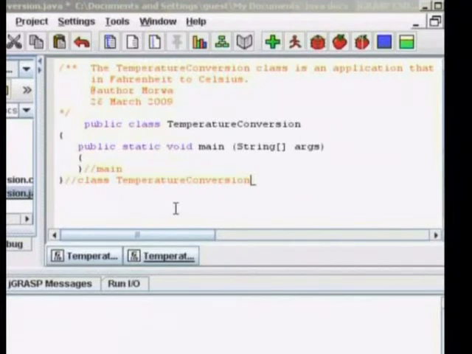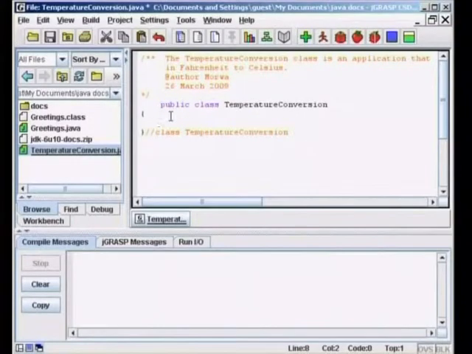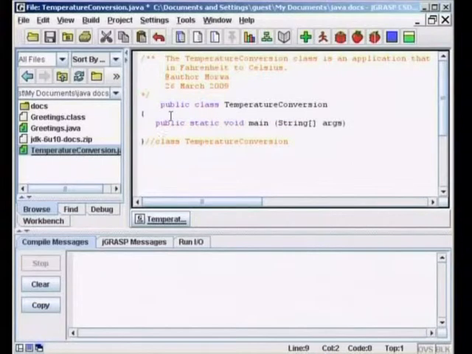Now you can go back in between the brackets and add the main method. Remember, it's public, static, void, main, open round bracket, String with a capital S, open and close square brackets, args, close the round brackets, and add the comment, // main.